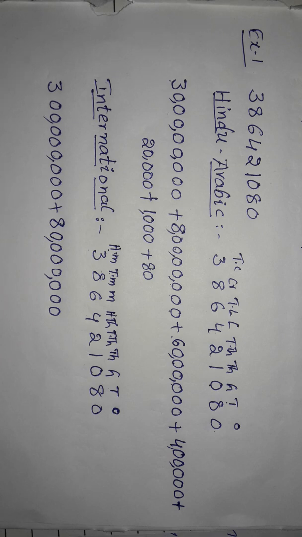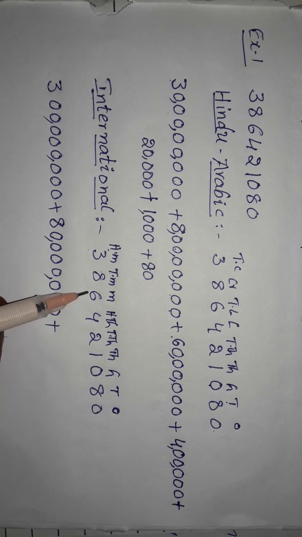So, no need to keep comma here. Okay. Let's check the number. Ones, tens, hundreds, thousands, 10,000s, 100,000s, millions, 10 millions. Correct? Yes. 80 millions.